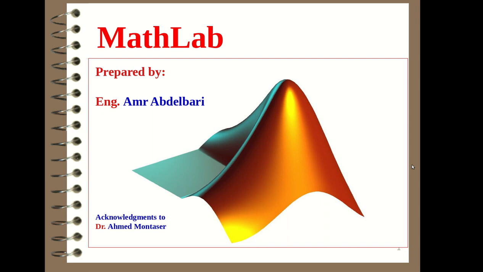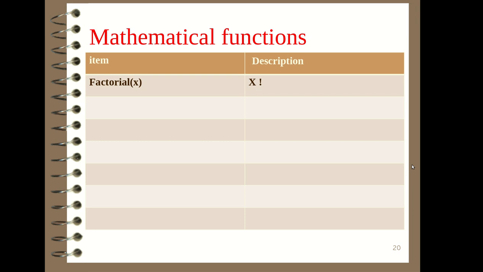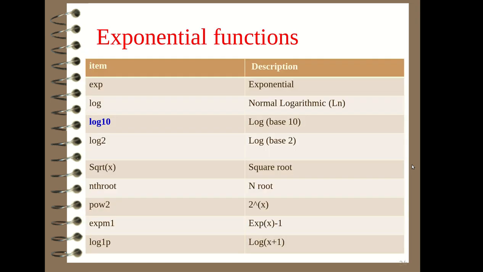Here, as you see, this is the exponential function, the natural number. The exponential function gives you the value of e to the power of something, written exp. The natural logarithm, ln, if you know ln, is written log.